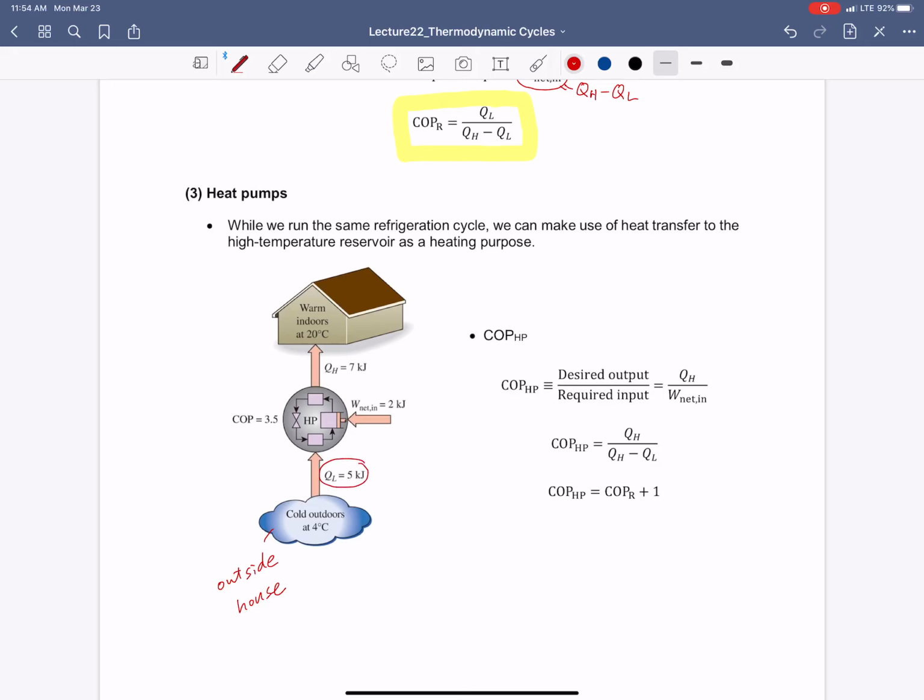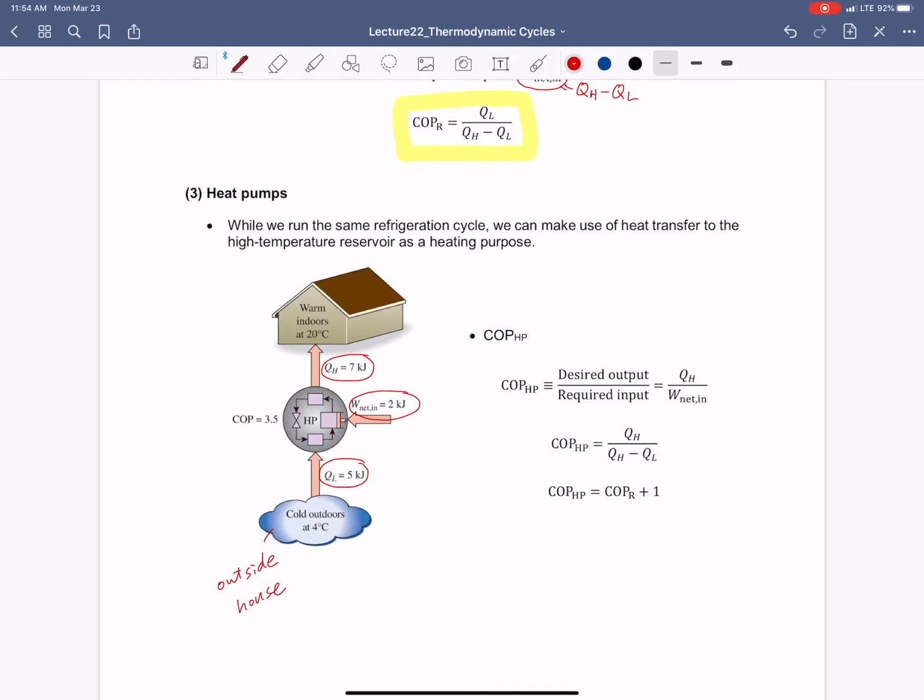Then, as a result of running this cycle, the amount of heat that should be transferred out from this cycle is the summation of W net in and QL, because we have two arrows into your cycle. Then your QH should be 7 kilojoules, and this 7 kilojoules is used to warm your house. Okay, does it make sense to you?